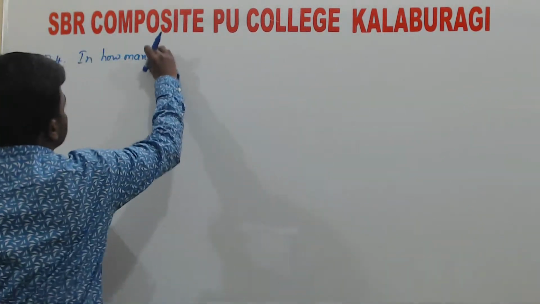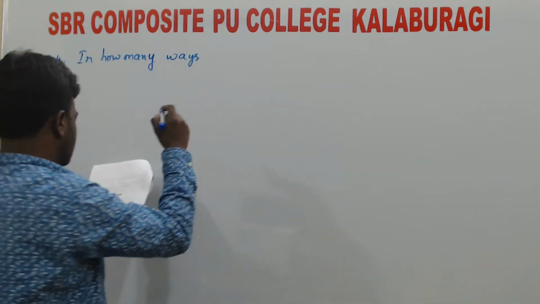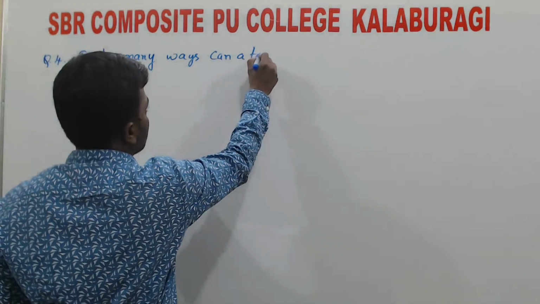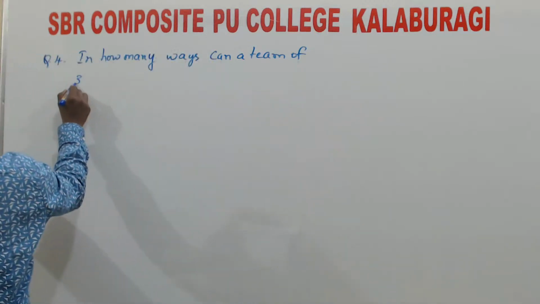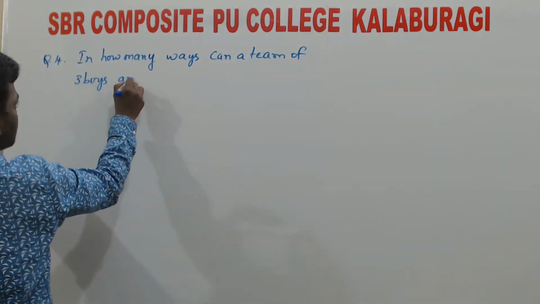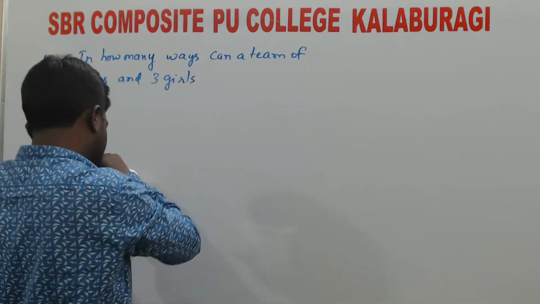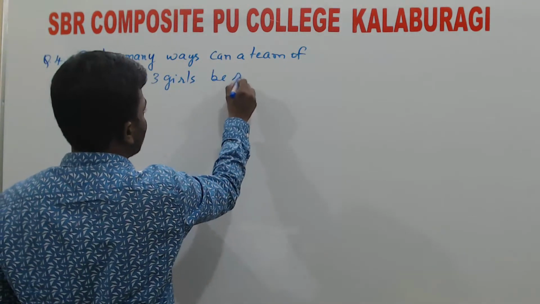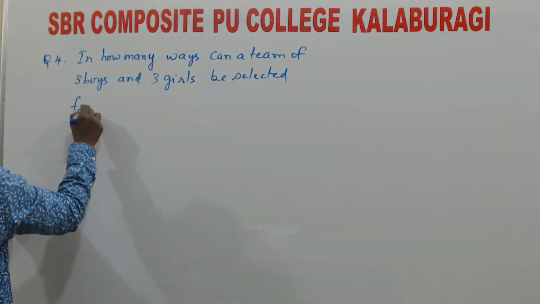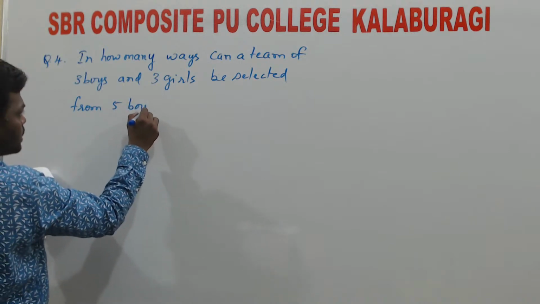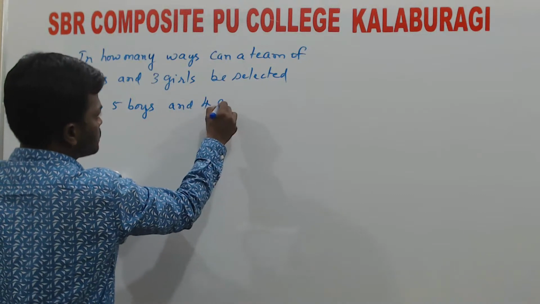In how many ways can a team of 3 boys and 3 girls be selected from 5 boys and 4 girls?